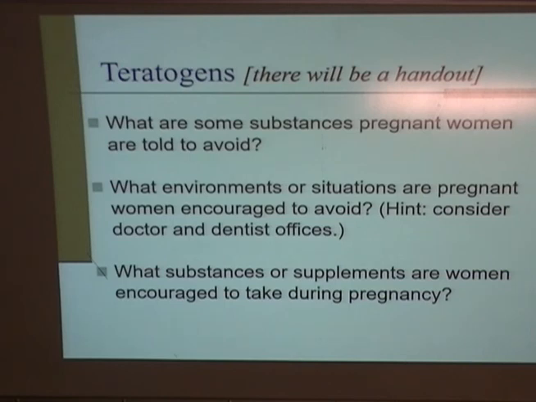Because those can directly impact the development of the baby. All right? Cigarettes block oxygen getting onto the hemoglobin. I think it's the carbon monoxide that jumps on the hemoglobin and blocks the receptor site for the oxygen.